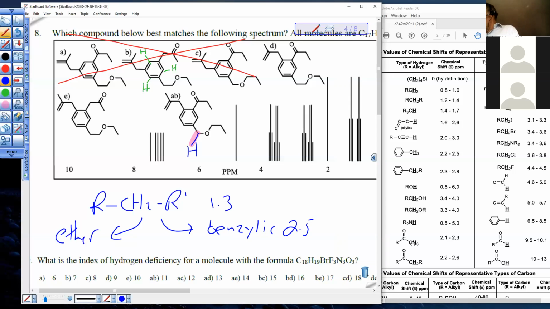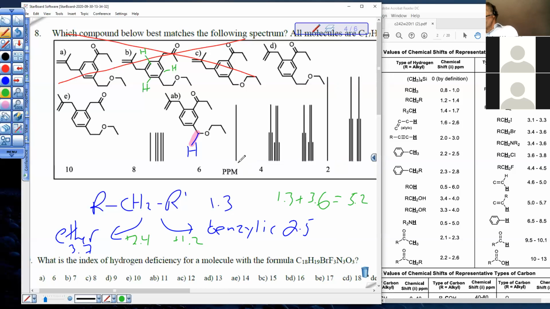And part of an ether is over here, 3.7. So 1.3 plus 2.4. And 1.3 plus 1.2. And so we're going 1.3 plus 3.6. I added these two combined effects. And I'm looking at 5.2.